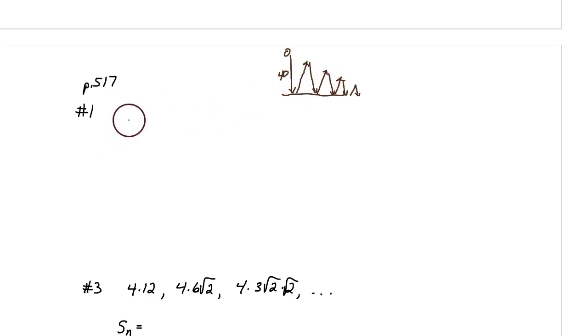Let's model those distances. First, the ball travels a distance of 40. It hits the ground and bounces up 2/5 of 40, which is 16. Then it will fall that same amount. Then the ball will bounce up only 2/5 of that distance.